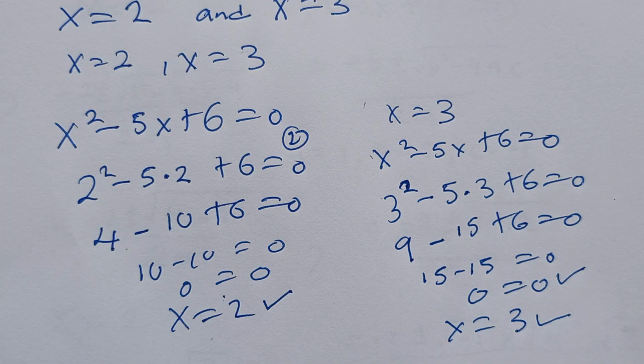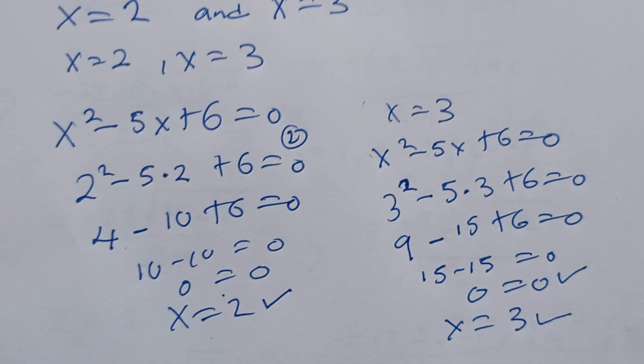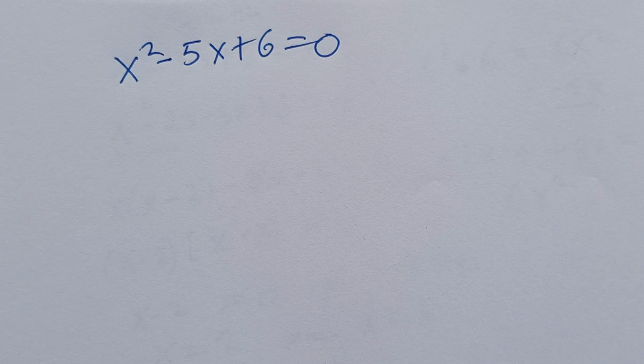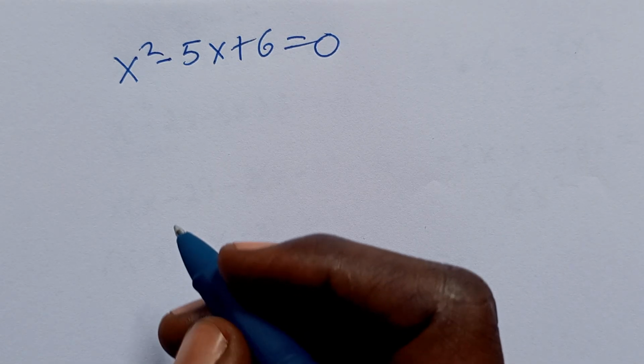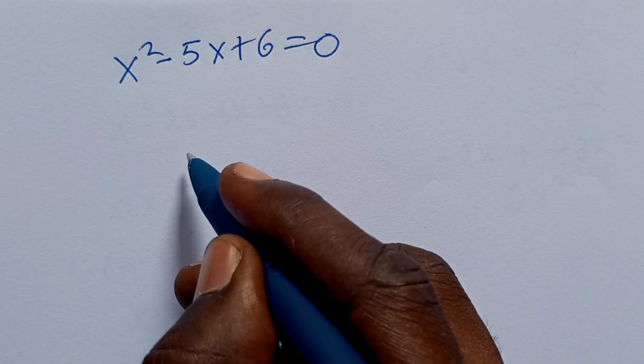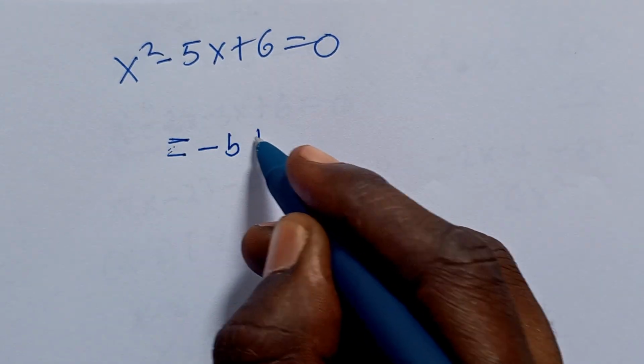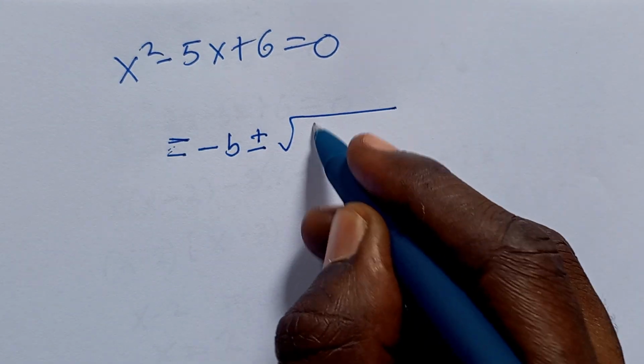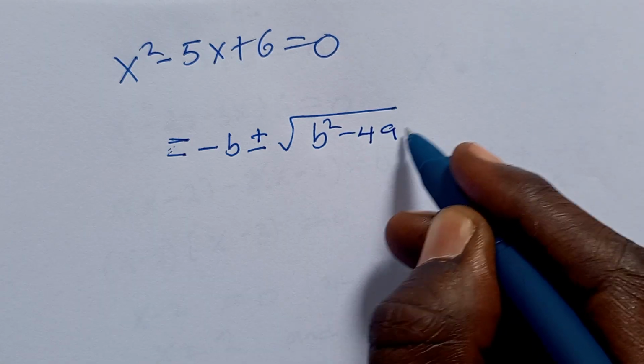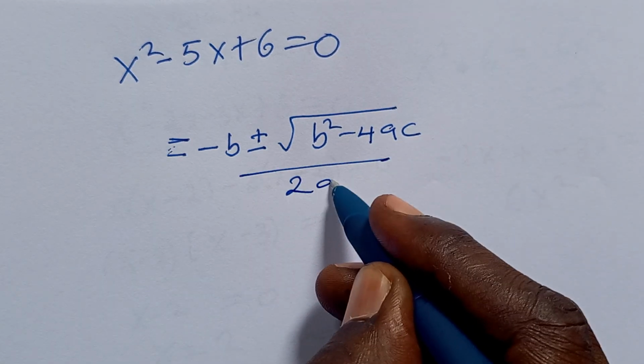So let's try using the formula method. We have written down our equation again so that we use the formula method. Usually our formula is given as minus b plus or negative the root of b squared minus 4ac, all over 2a.